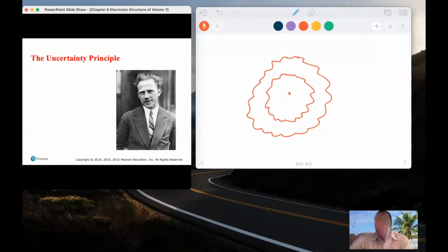It's no longer a circular path the way Bohr proposed. But Heisenberg, the guy you see on the screen here, said, hey, look here, it is not possible.